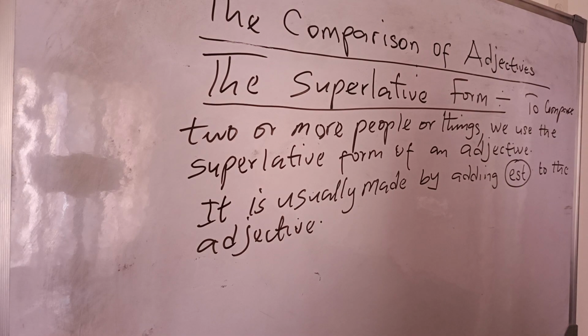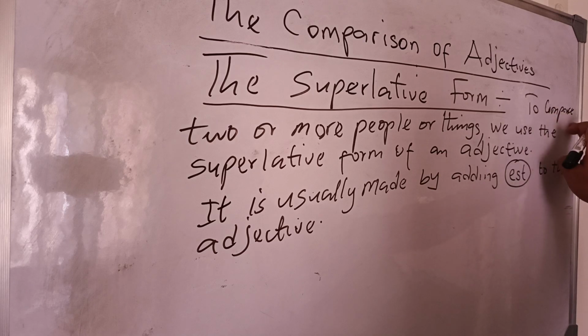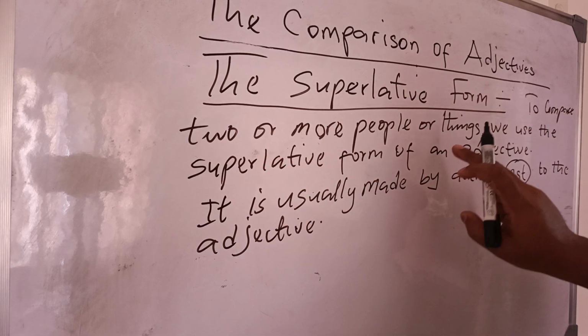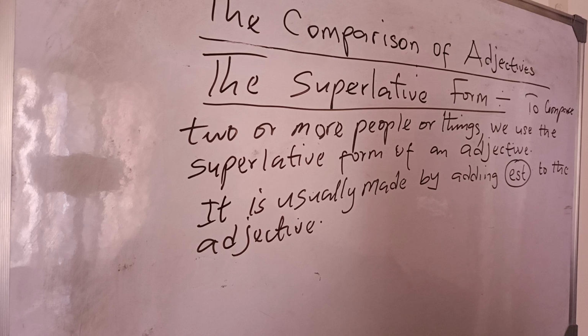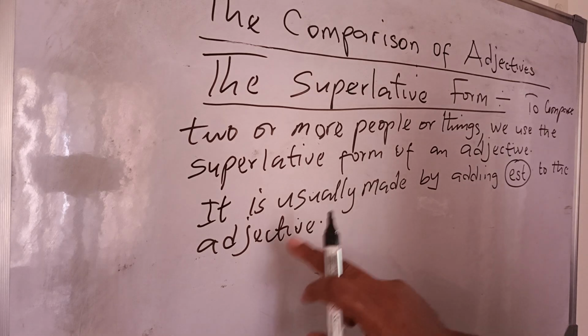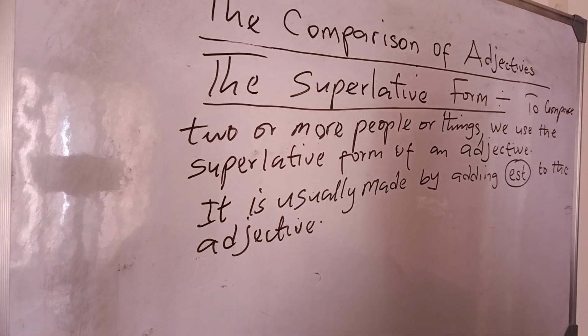So this is superlative. The superlative form, to compare two or more people or things, we use what? The superlative form of an adjective. It is usually made by adding what? EST to the what?